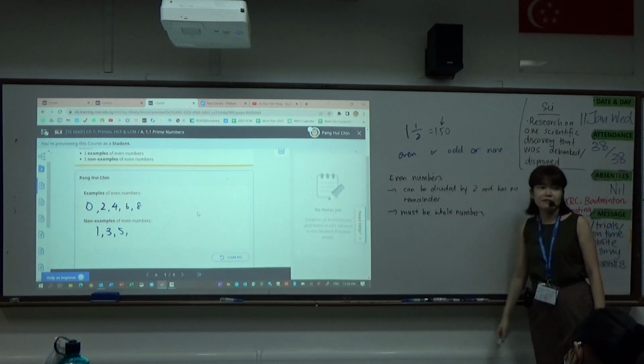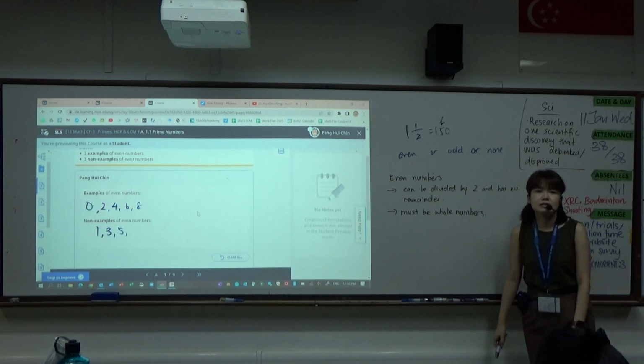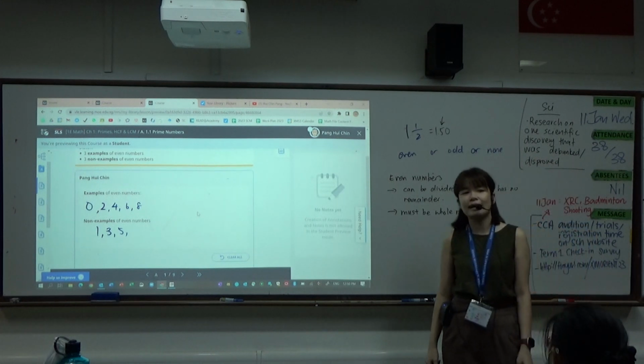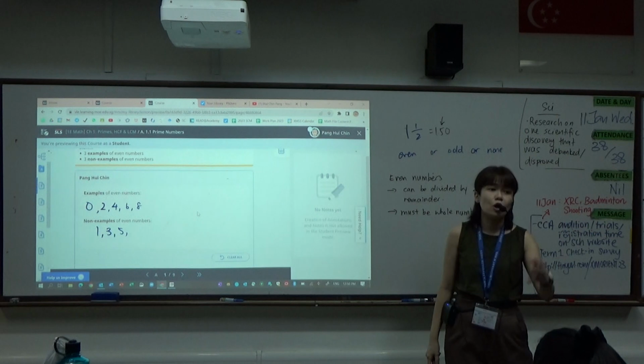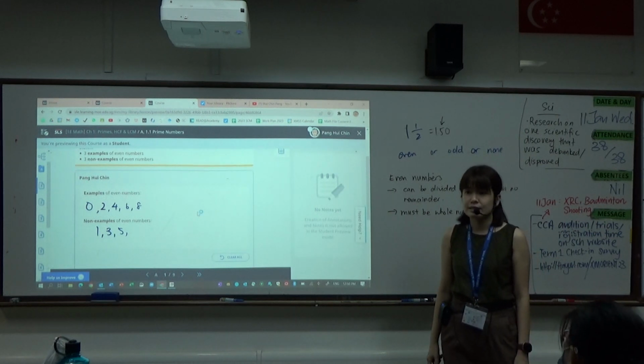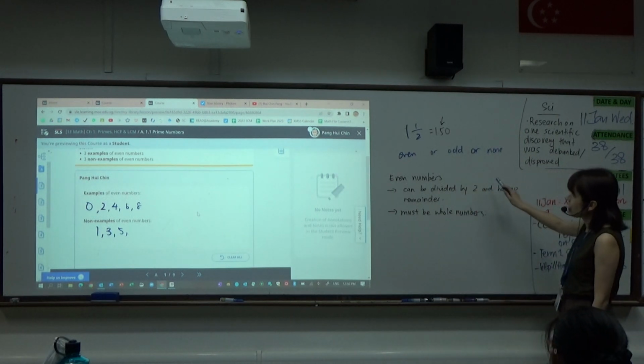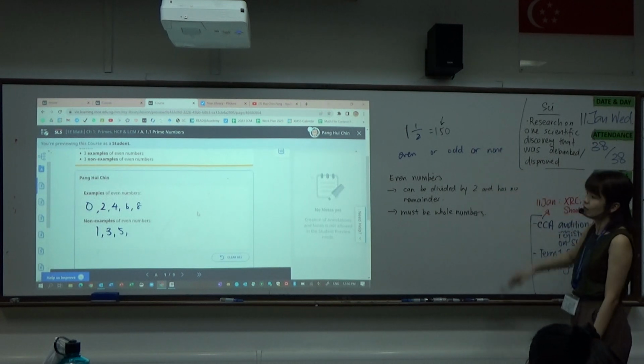Alright, is 1.5 a whole number in the first place? It isn't. So therefore we cannot classify 1.5 as even or odd. Okay, you understand? So therefore 1.5 is actually none of it.